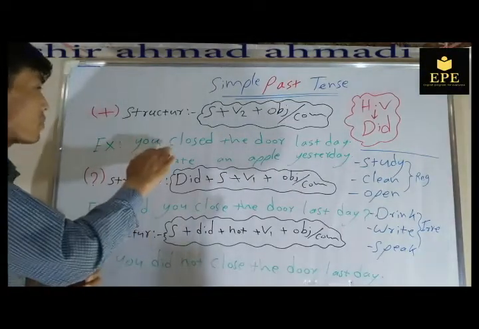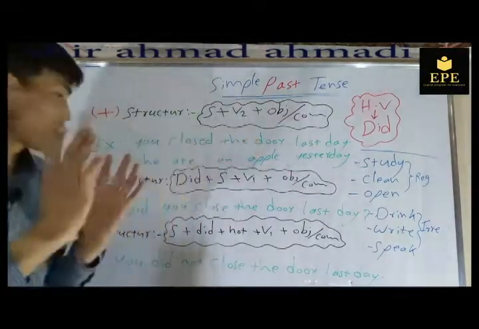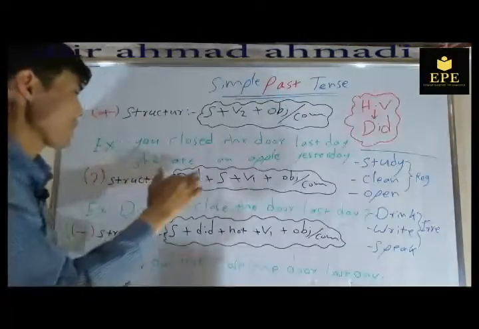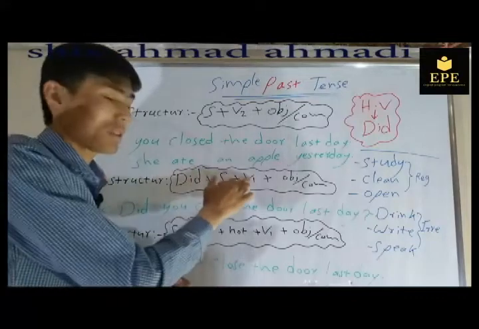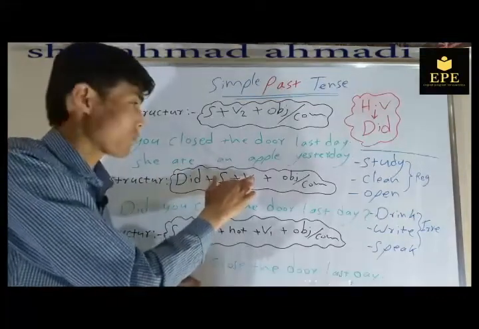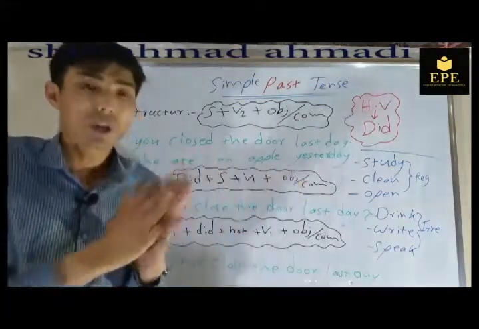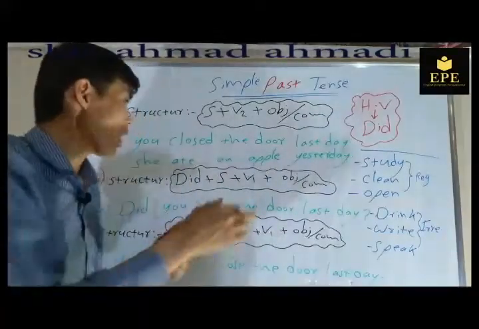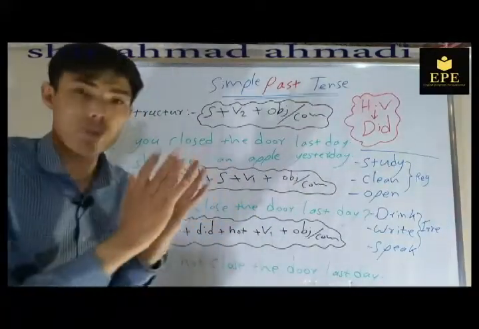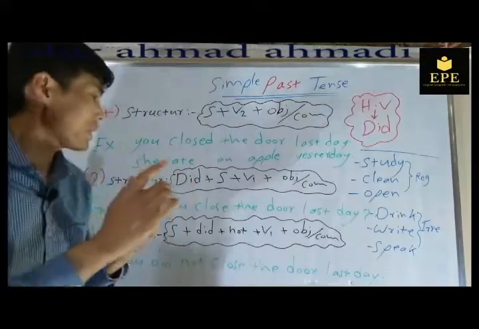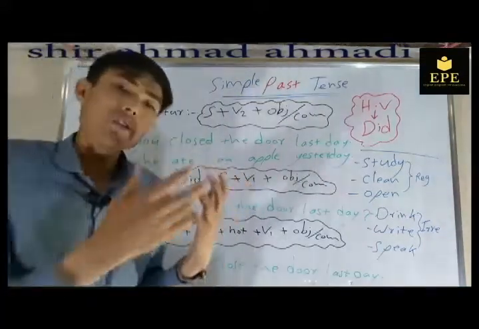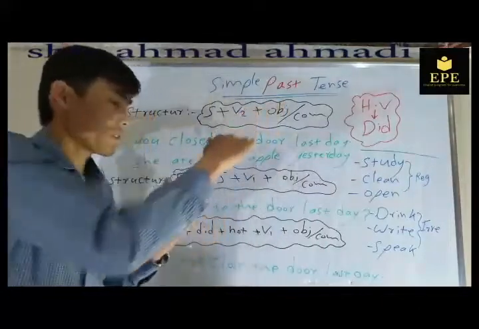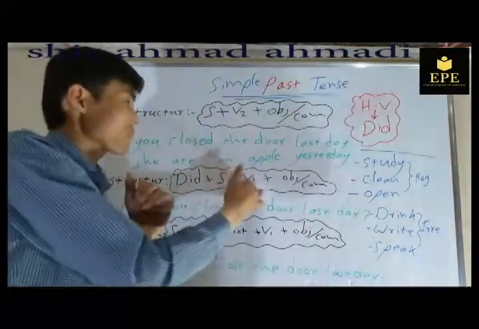So if you want to change this sentence to the question form, the structure is did, then subject, then verb, first form of verb, object or complement. You may ask me why I write first form of verb. Don't forget, every time we use did, the verb changes from the second form of verb to the first form of verb.